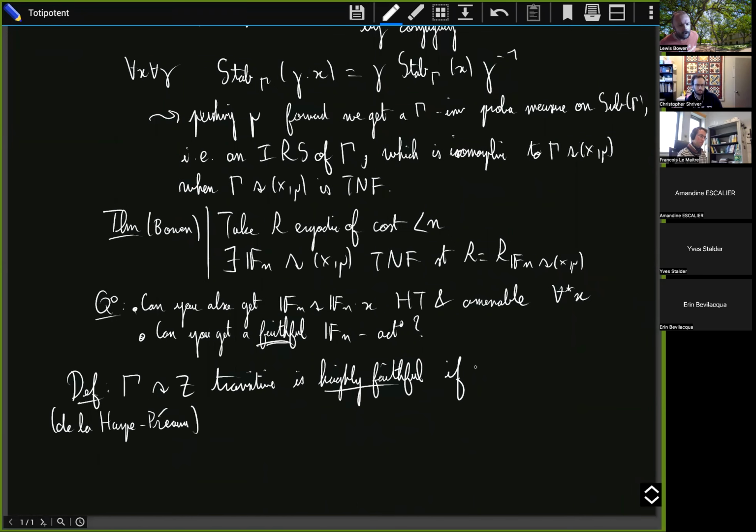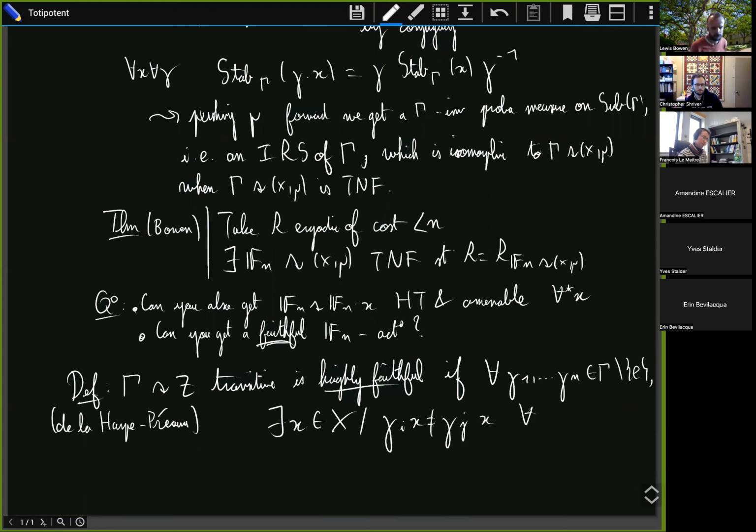And here we want that whenever we take gamma 1 now, gamma n, non-trivial elements of the group, there exists x in X such that gamma i of x is different from gamma j of x for every i different than j.